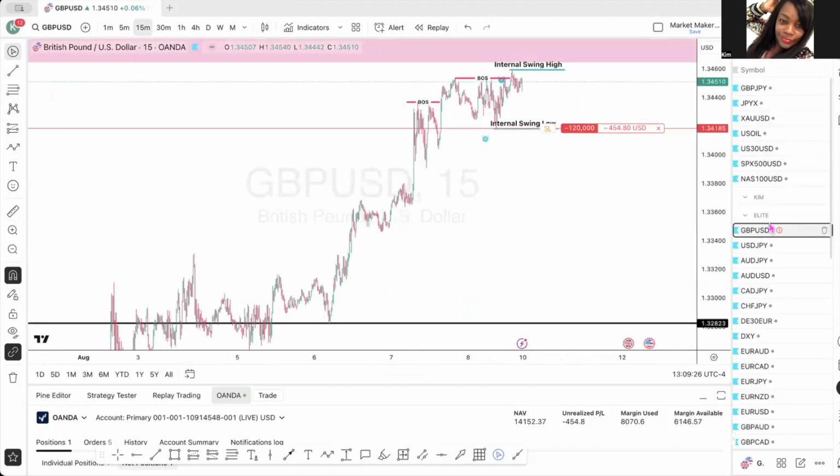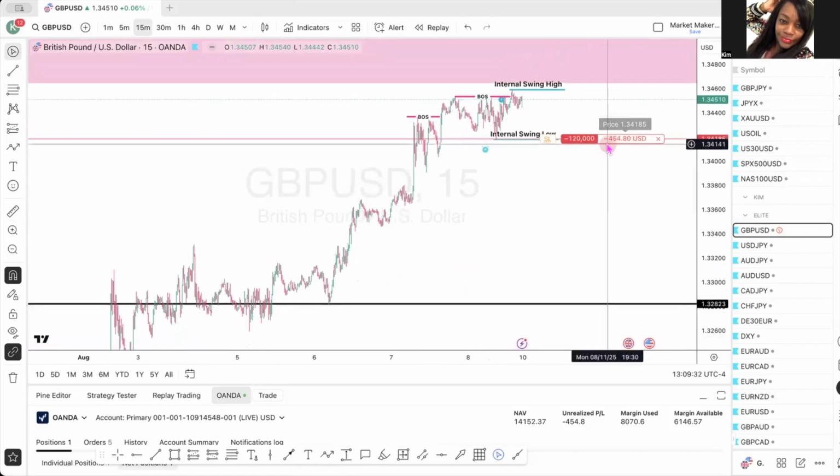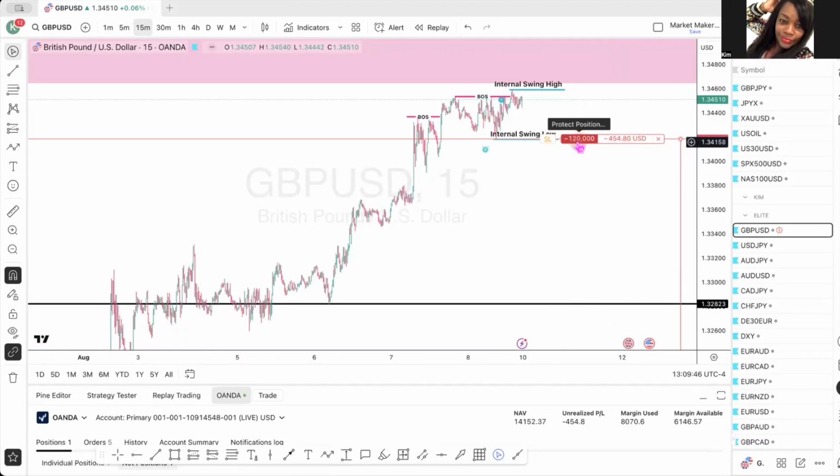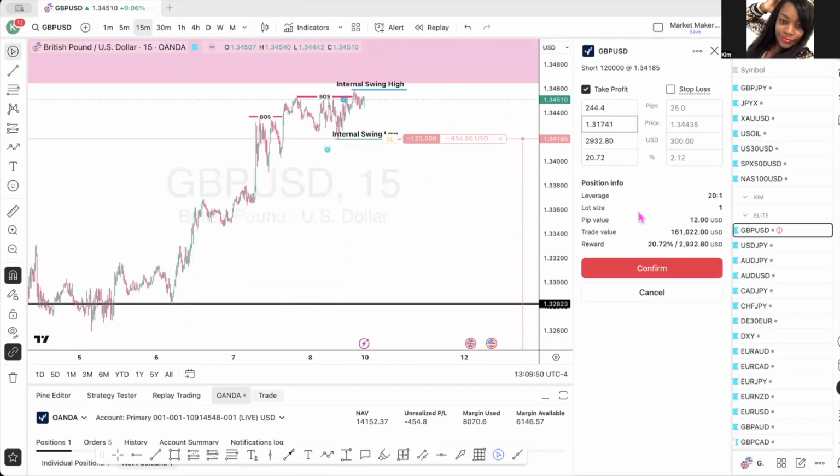As you can see, I am in a GU trade that is in drawdown right now. It's in drawdown for 454 pips. I am in at 120,000 units.